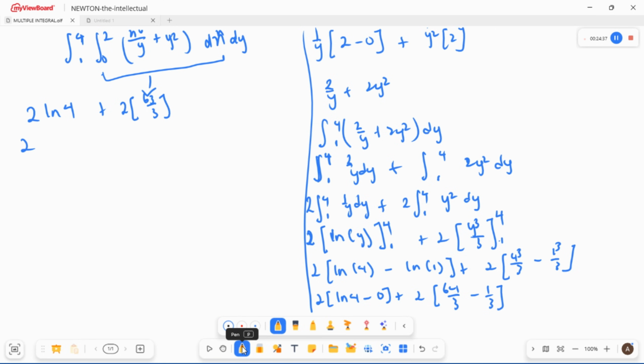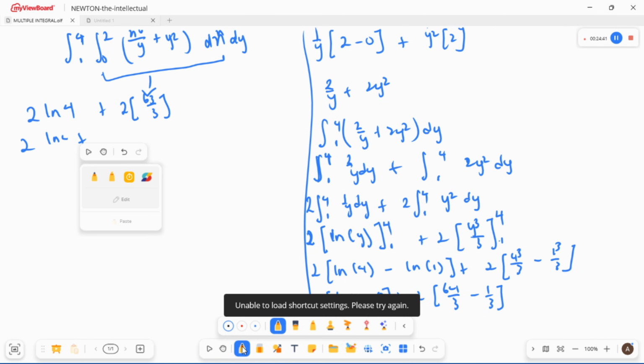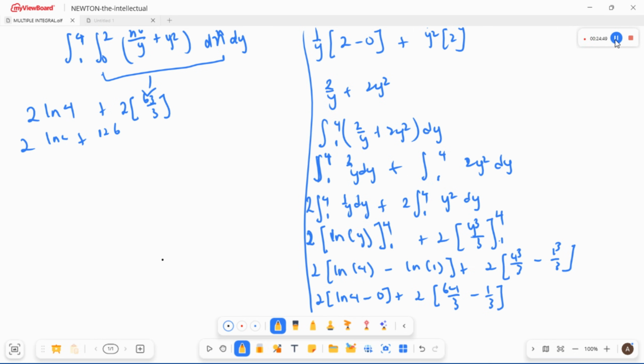So we have 2 natural log of 4 plus 2 times 63, which is going to give us 126. So 2 times 63 will give us 126, then we have over 3. Now, 126 divided by 3 is going to give us 42.